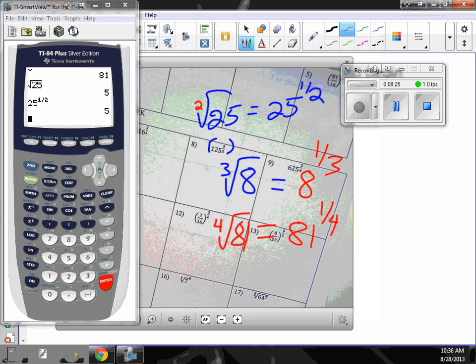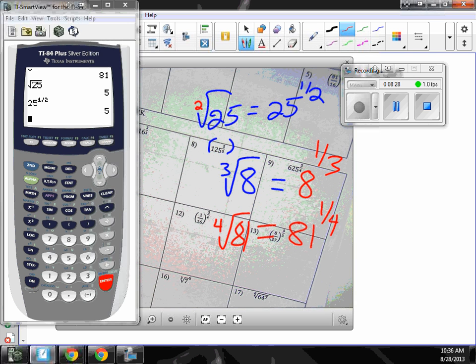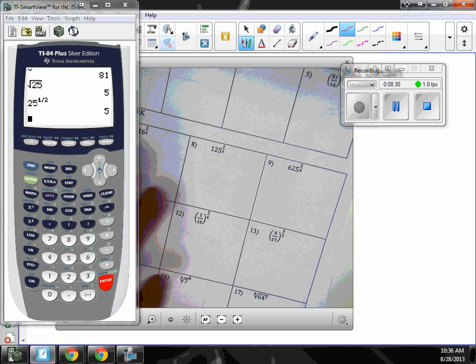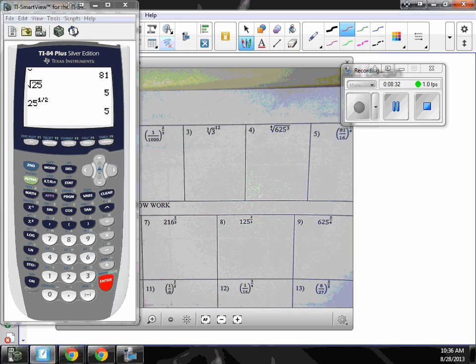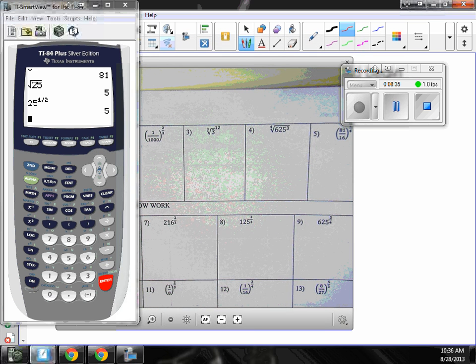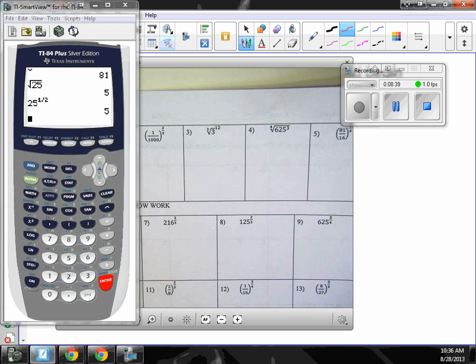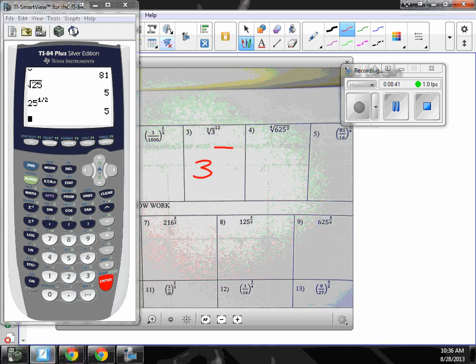Okay? Well, if you look at number 3, we have the third root of 3 to the 12th. Now, there's a really easy way to convert this. It's 3 raised to something over 3.